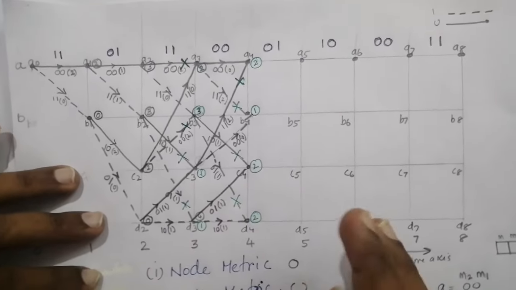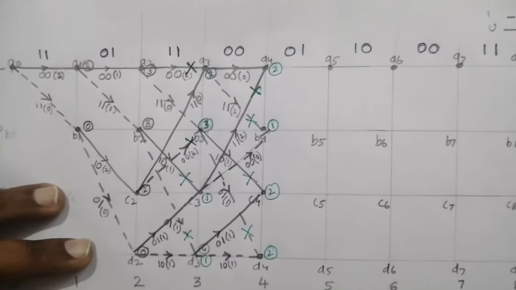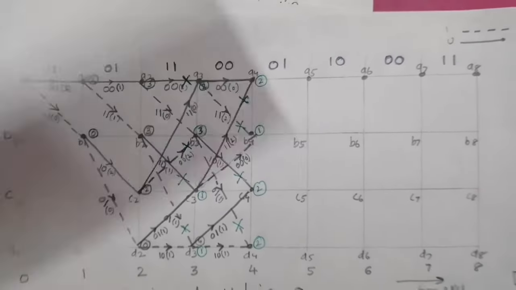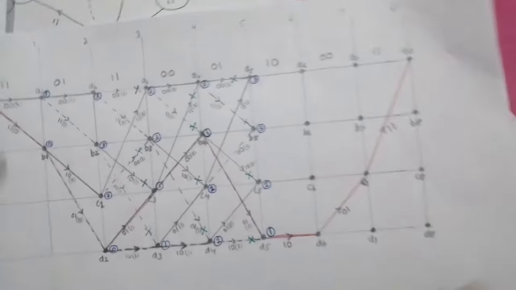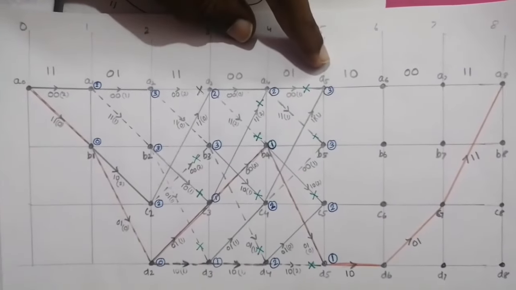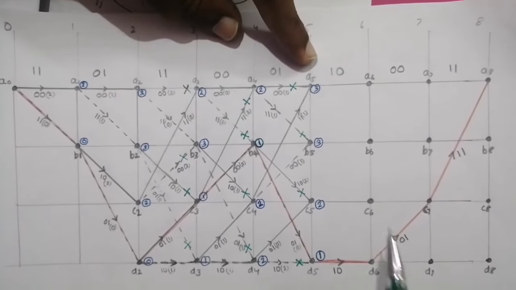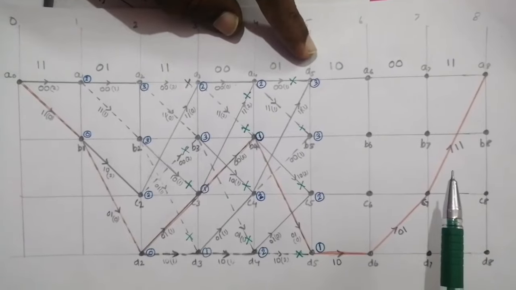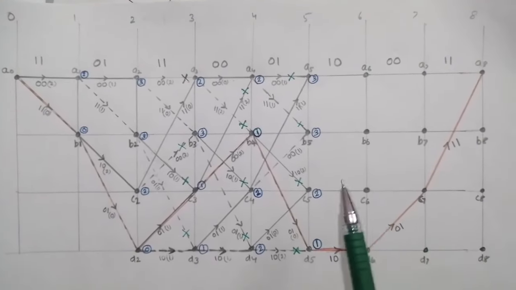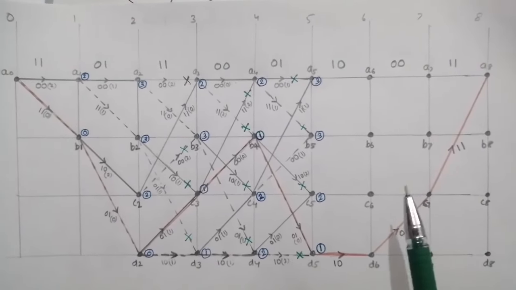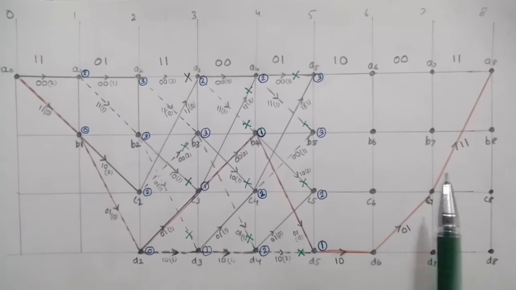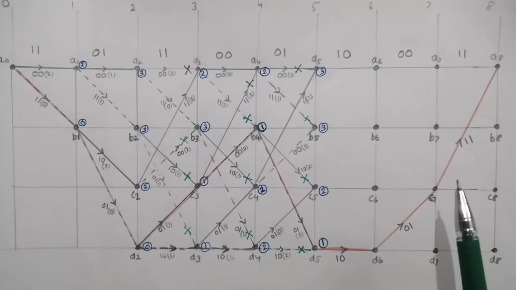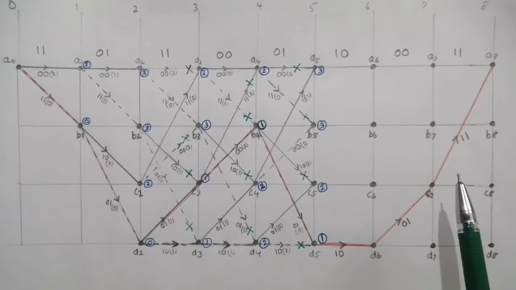We need to complete 4 more stages, and finally we will get the diagram like this. So I computed up to 5, and you need to compute 3 more stages. You may feel that it will be very difficult, but if you practice, you can solve this particular diagram within 10 or 15 minutes.